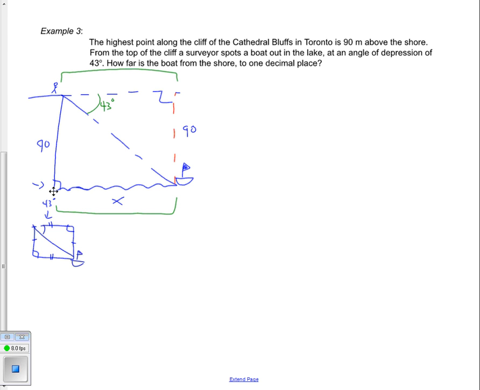Both of these are equal to x. They're the same thing. We're trying to figure out what that length is. So we can label this triangle and solve this particular problem.